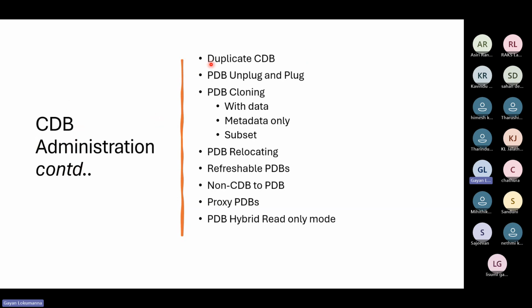Okay. And then we can do PDB unplug and plug. You can unplug a pluggable database from a given container. Say you are running one container with 19.23 and you have a new target container database which is running on 19.29.